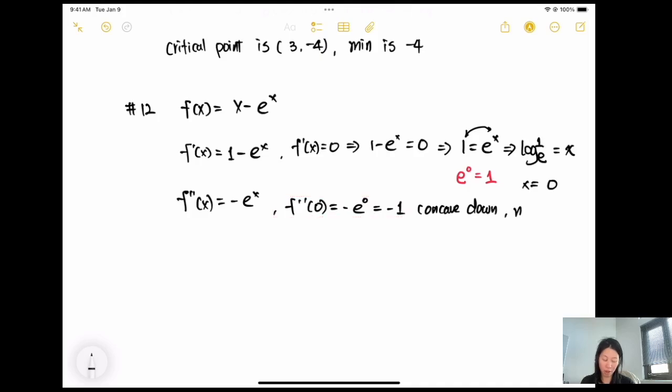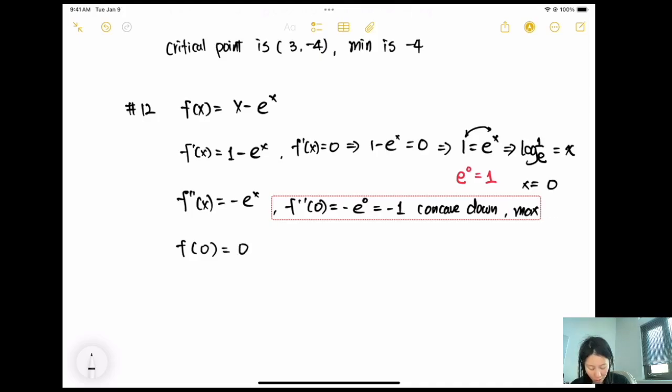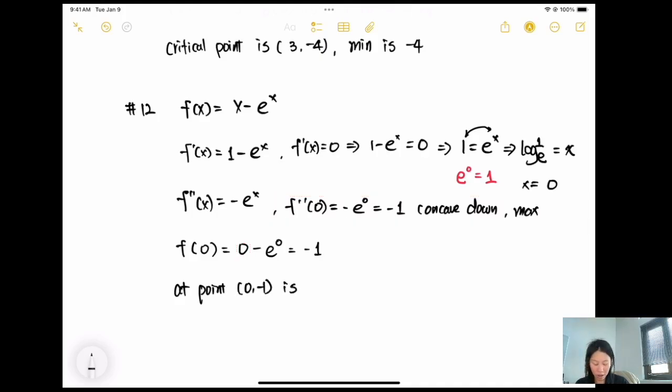Concave down means we have our maximum. We're expecting a maximum. So f of 0 is equal to 0 minus e to the 0, which is negative 1. That means at the point (0, -1) is our maximum.